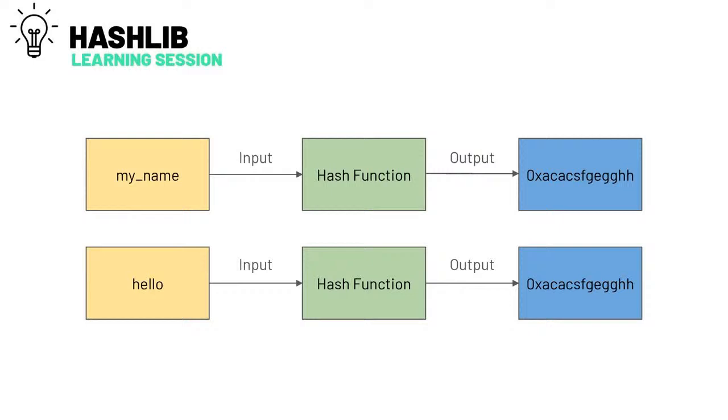That's our input, the hash function, and then the output is a whole bunch of random letters and numbers. So that's what I mean when we say we can use this to encrypt a message. For example, if you send a certain message and you want it to be encrypted, but then the other person knows how to decrypt that and see what the message says, then we'd use a hashlib for that.